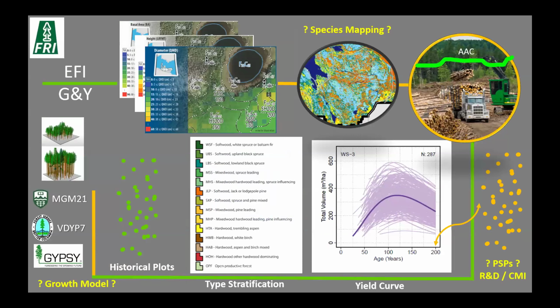And as we move from EFI production into maintenance, I'd just like to take a minute to think about the big picture of forest information needs. So along the top is our map forest inventory products. We know a lot about how to do EFI, it gets a great picture of growing stock, but species estimates are still challenging.